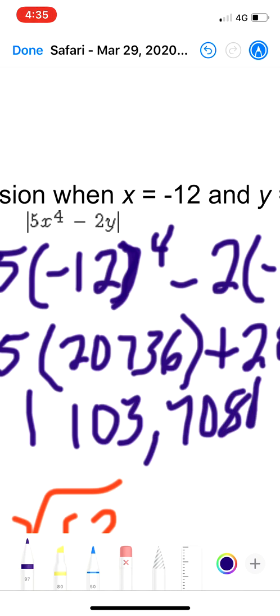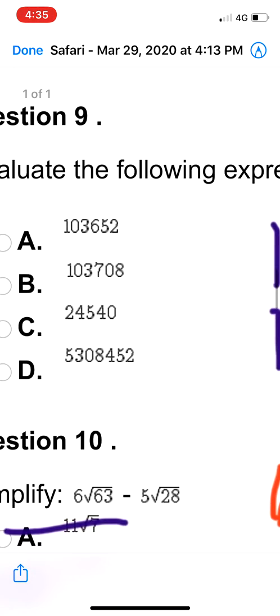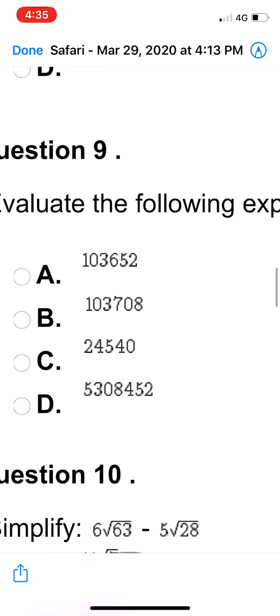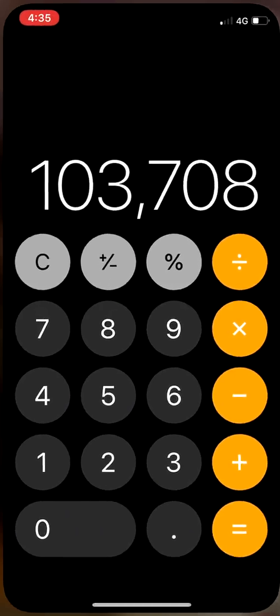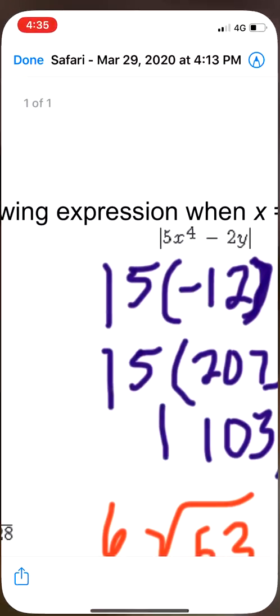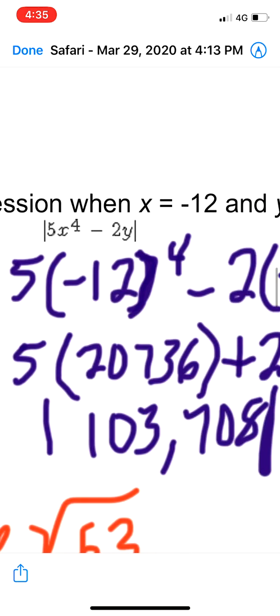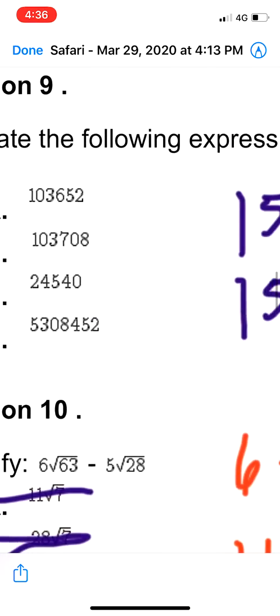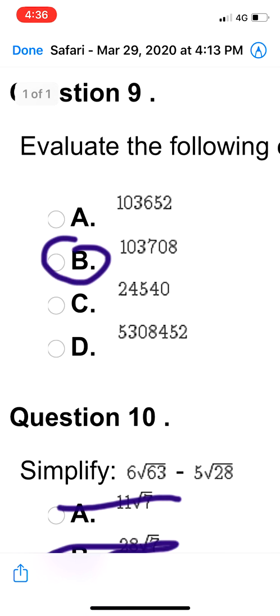It's the absolute value of it, so it's just the positive form, and it already is positive, which is A. Did I copy that? No. Did I do that wrong? I must have done something wrong. Oh, there it is. I'm sorry, it's B. Oh, jeez. All right, that's it for simplifying it.